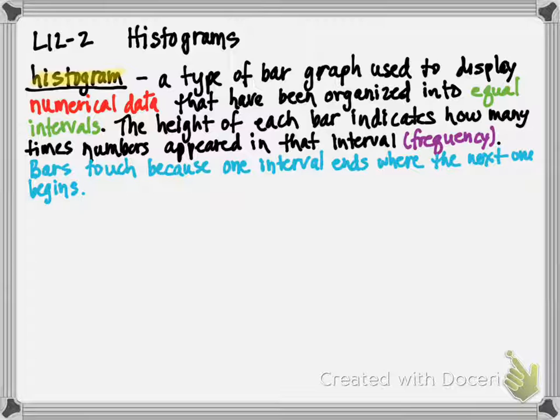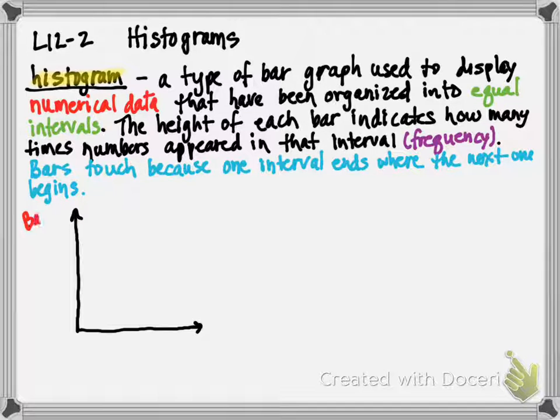When you hear the word bar, you might start to think, I think I know what this is. This is a bar graph. But let's compare quickly what a bar graph looks like compared to a histogram.